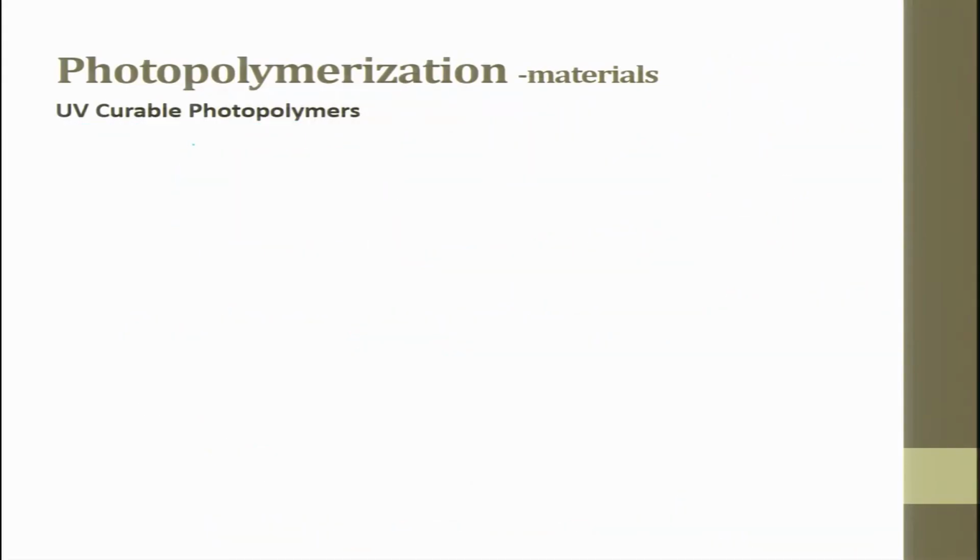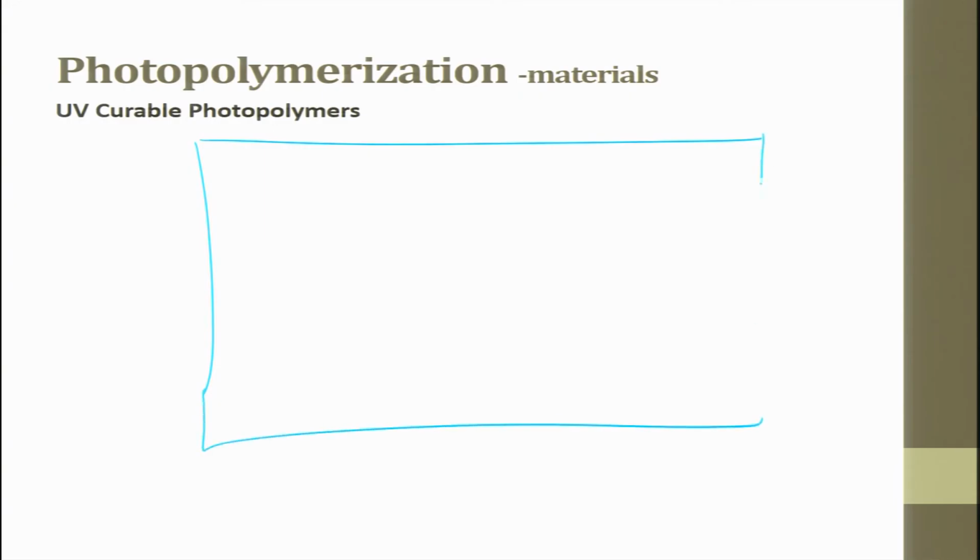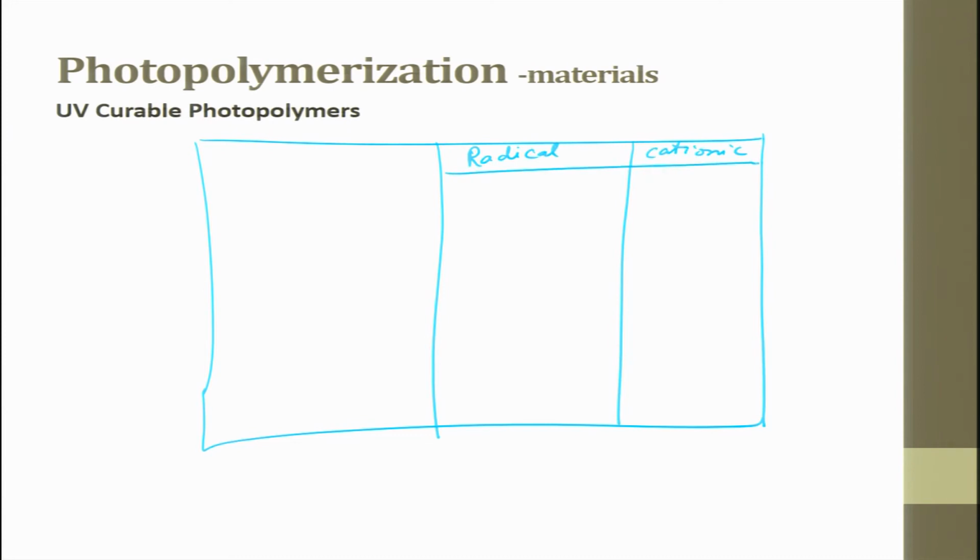So, if we wanted to compare it in terms of a table, I will try to put it as radical and cationic. The major components: here it will be acrylate and here it will be epoxy.